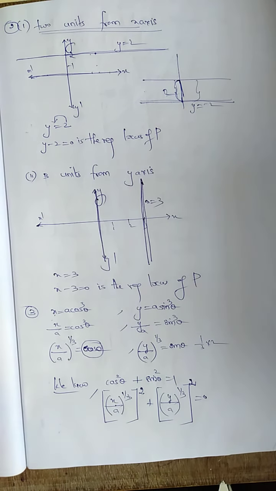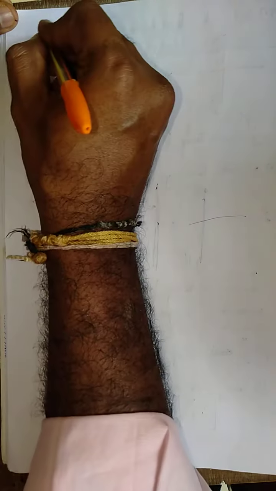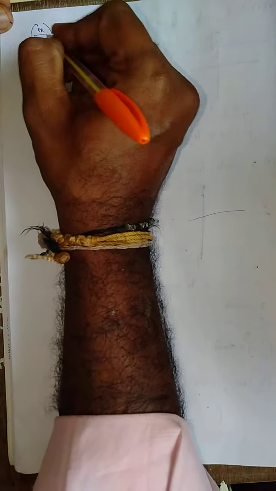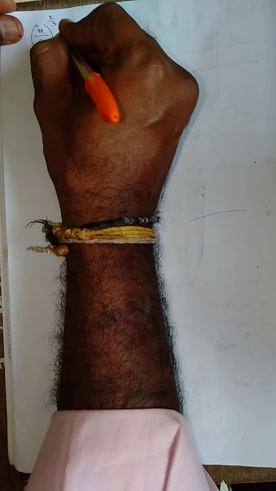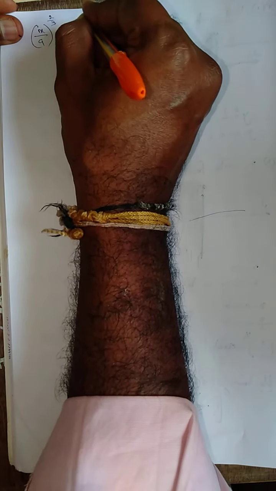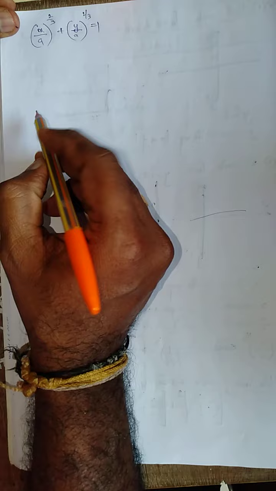Power to power, we can multiply the powers. So 1 by 3 into 2 is 2 by 3. So x by a whole power of 2 by 3 plus y by a whole power of 2 by 3 is equal to 1.